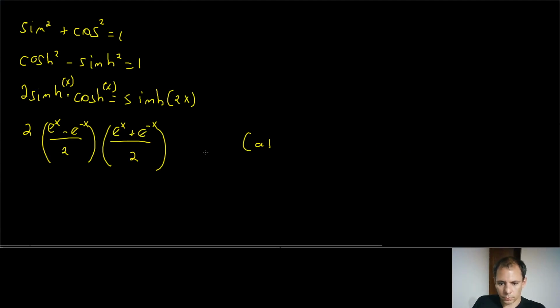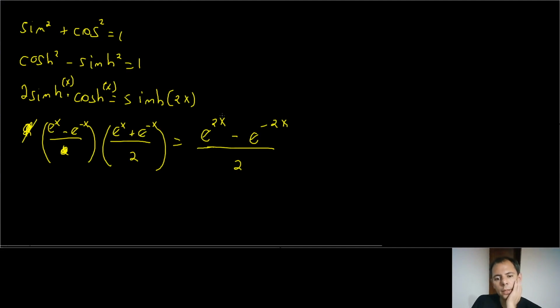So this is going to be equal to 2 times, cancel these two, so this doesn't exist anymore. Now you have the square of the first minus the square of the second. It's going to be equal to e to the 2x minus e to the minus 2x divided by 2.